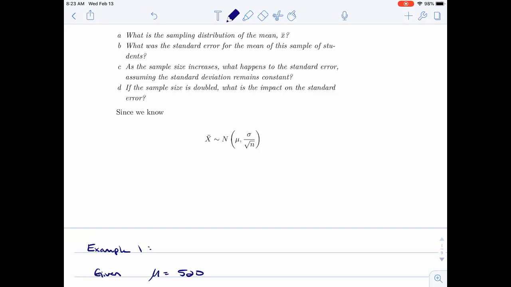Now we've got z, which is going to be x bar minus mu over sigma over root n, right? So it just gets a little bit bigger when we're talking about a mean observation, but we're still calculating a z-score. And then once we have that z-score, it behaves the same way that the other z-scores did, right? So once we have a z, we're back in familiar territory, right? And then we can use the z-table to calculate probabilities.